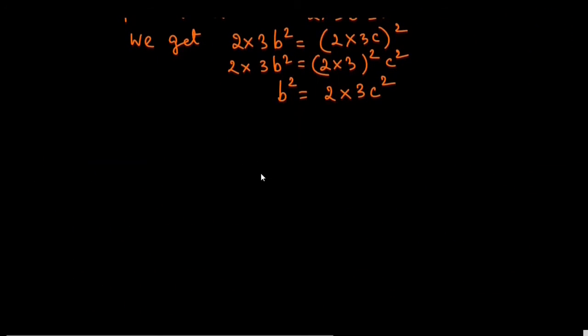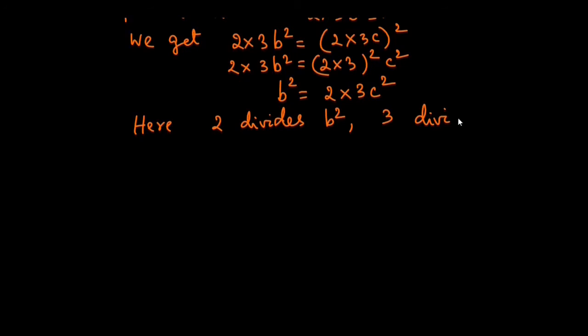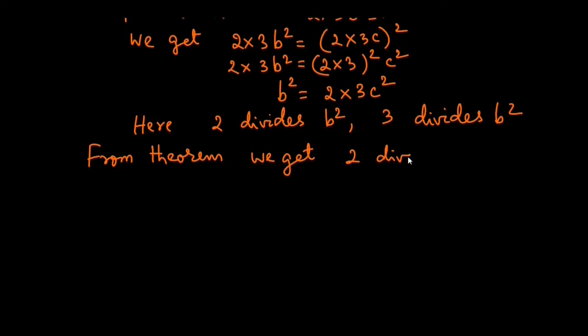Here 2 divides b square and 3 divides b square. So from the theorem we get 2 divides b and 3 divides b.